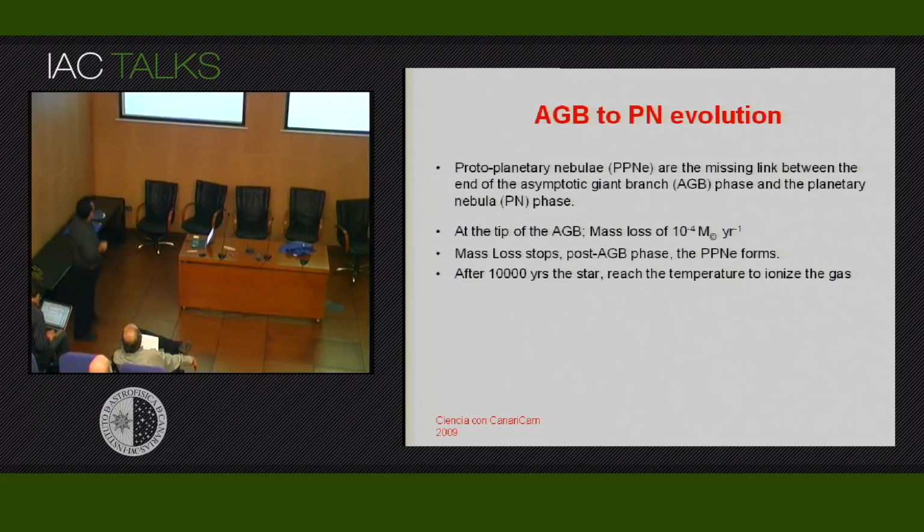Another thing we can do is analyze the dust properties of this object. This is an ISO spectrum, and we see it's a quite complex structure. We don't see it very well because of the scale, the region between 3 and 10 microns, but we see some PAH structure. But what is important is that we can fit two black bodies, one with a temperature of 273 and another cooler, 130.